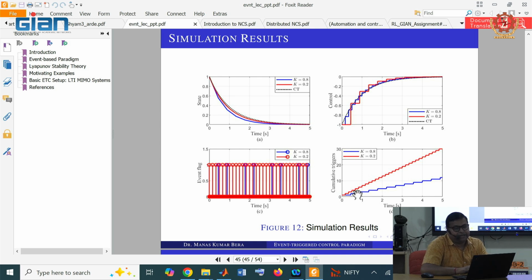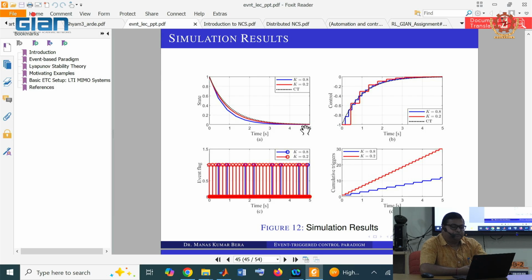For the red curve, there are almost 30 triggerings within the 5-second interval. But for the blue one, around 11 triggerings are required. We are not compromising the performance either. It is almost similar performance between red and green, and also similar if you compare with continuous time. But the advantage is that the number of samples is lesser.